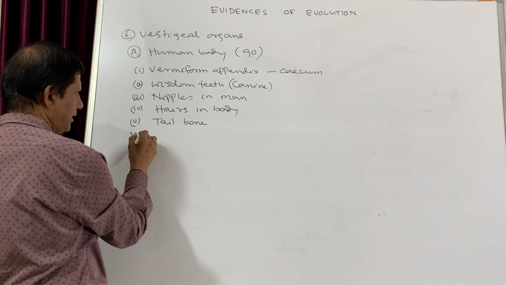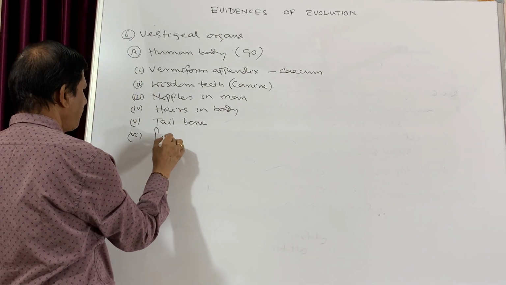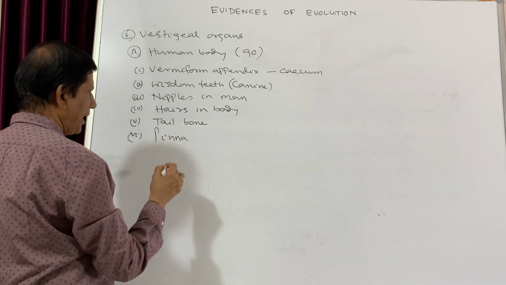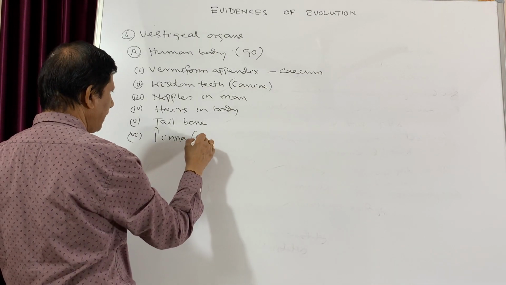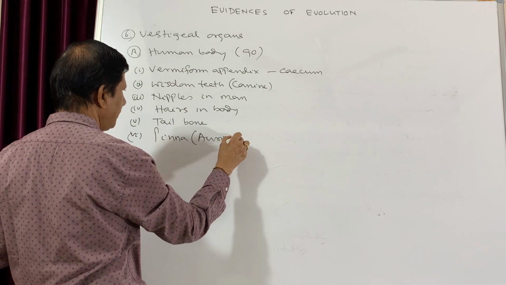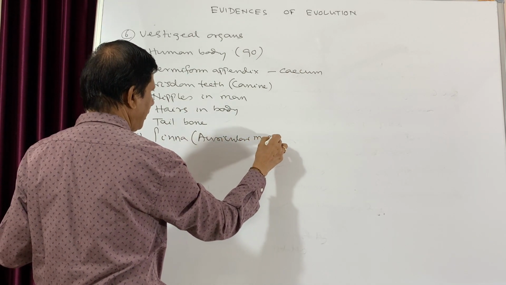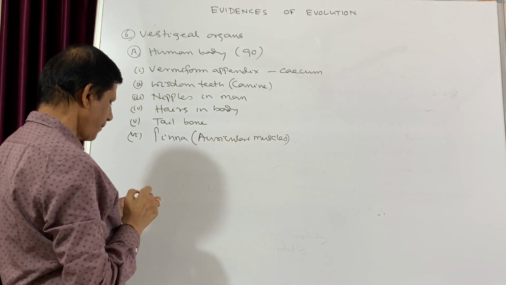Then another example is the presence of the pinna, and in case of pinna, we can call it auricular muscles.